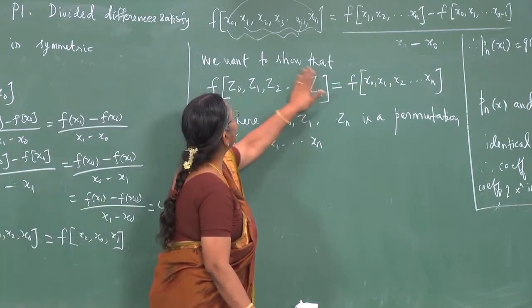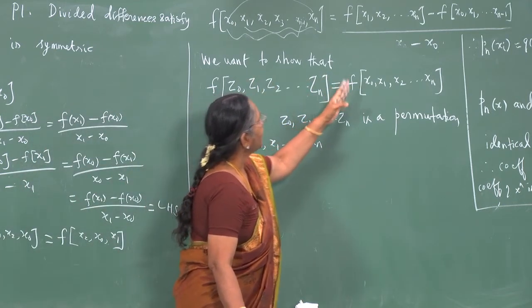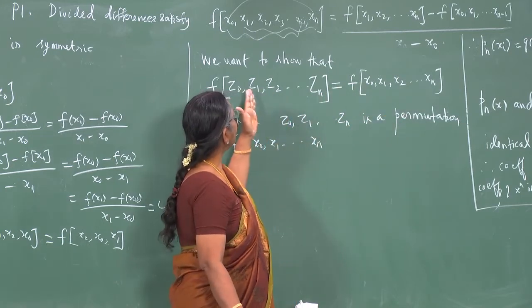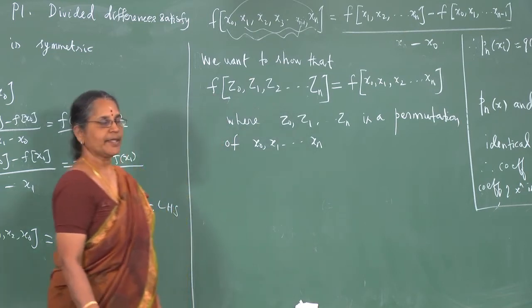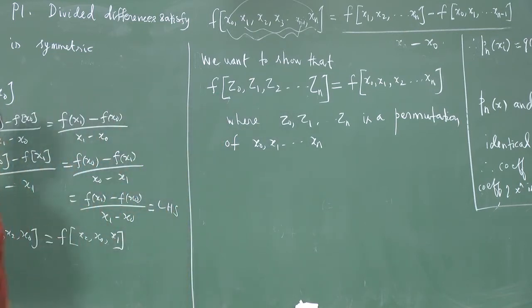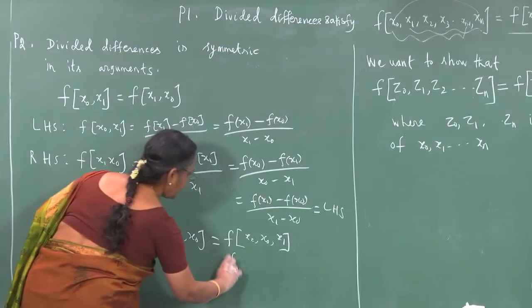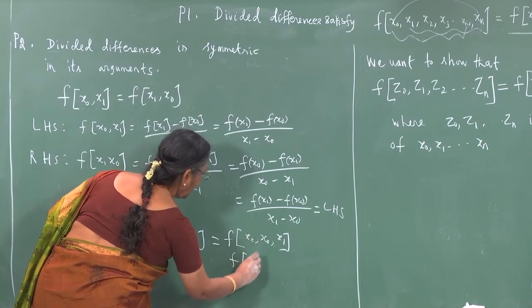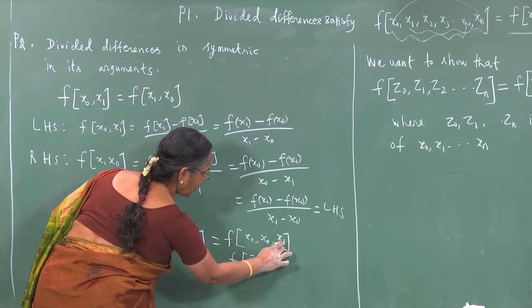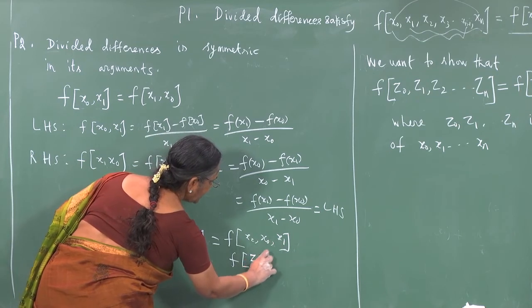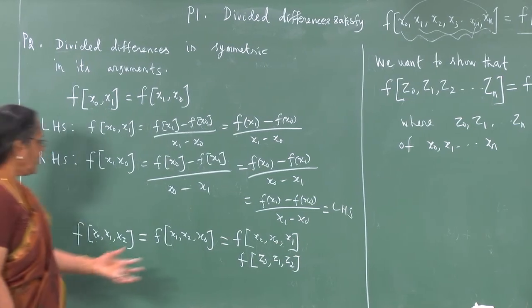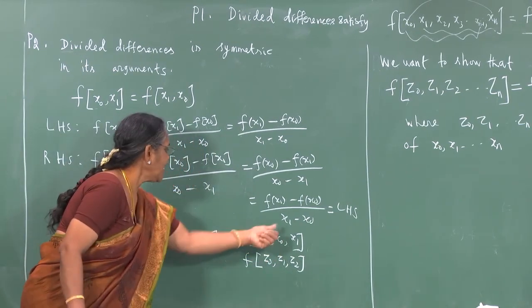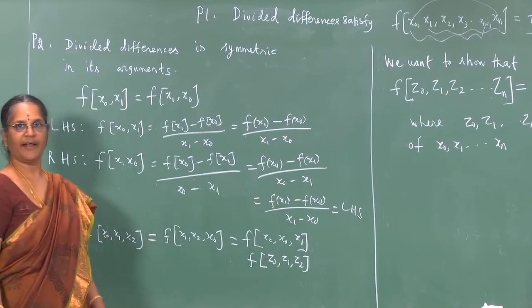They are essentially x0, x1, etc., xn, but some cyclic permutation has been done. Just as one can show f of x0, x1, x2, so this is my x2, x0, x1, which I have called as z0, z1, z2. So these are essentially x0, x1, x2 arranged in some order.